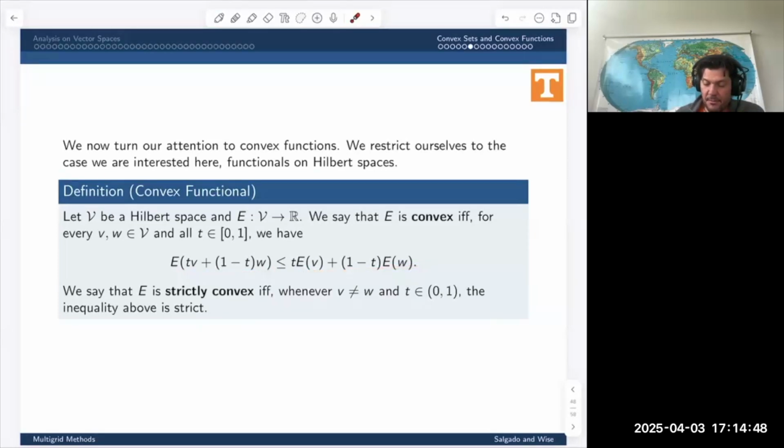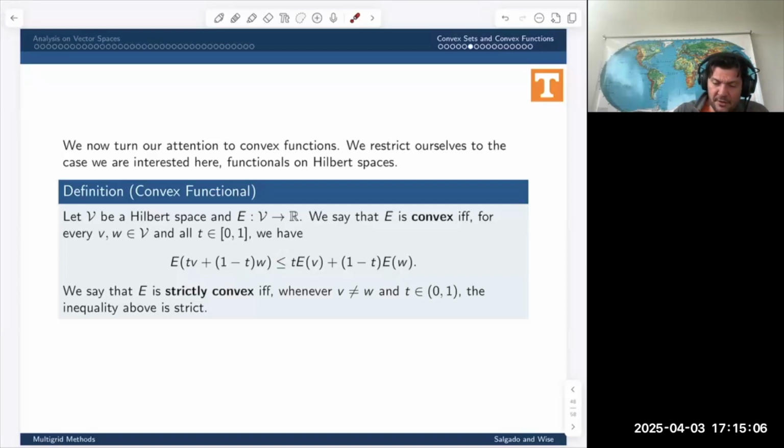If that happens with the inequality like this, then we say that it's merely convex. However, if this inequality is strict, then we say that the function is strictly convex.